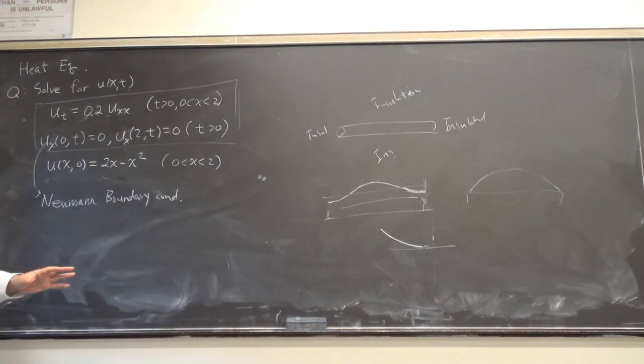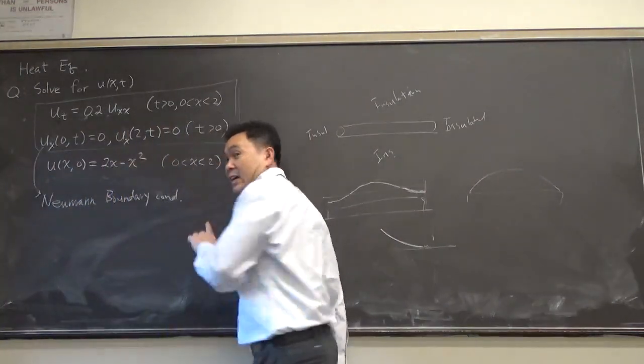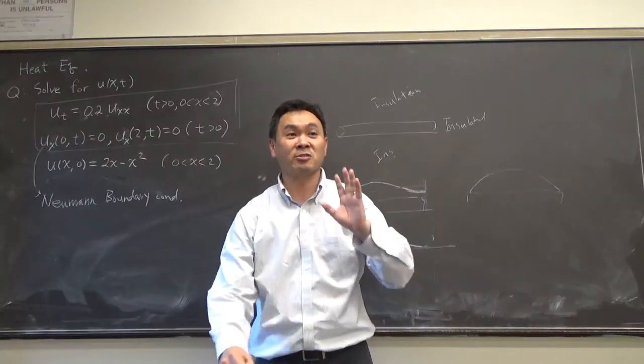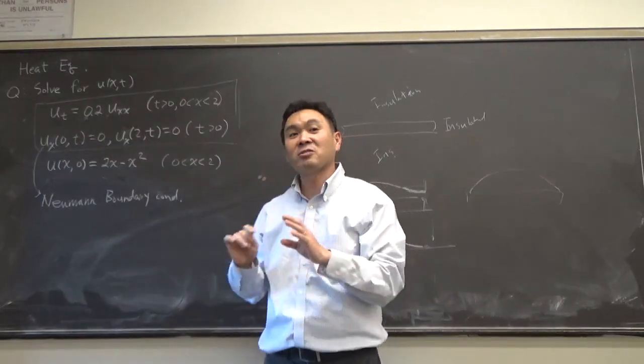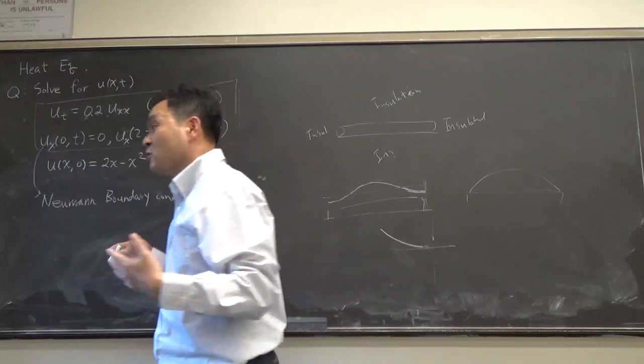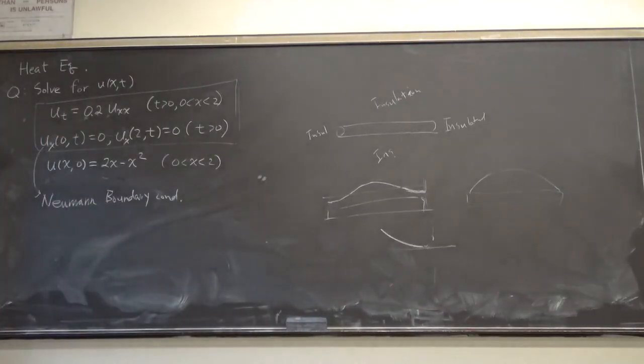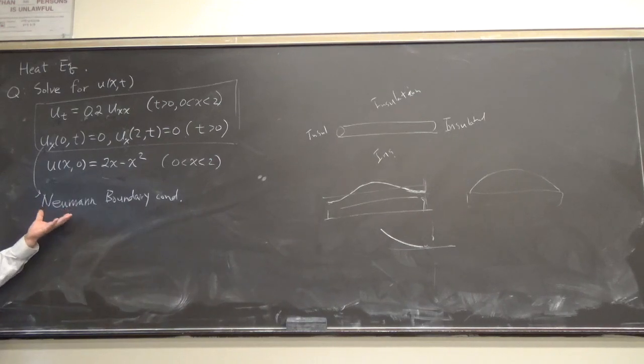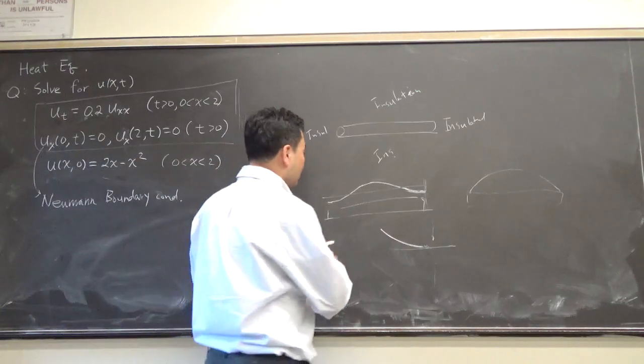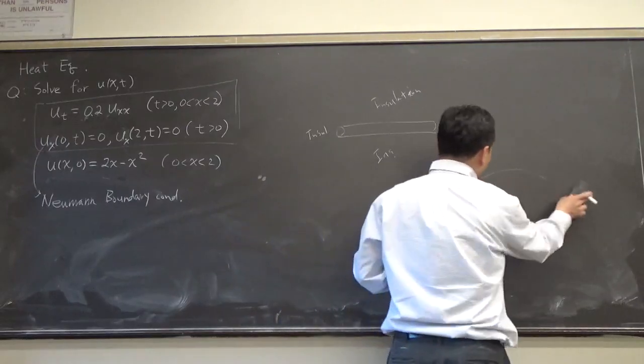And I forgot to name it, but the one without the x is called the Dirichlet boundary condition. That's the boundary condition that was first used. People were studying that first, but then later Neumann came up with this boundary condition for the case when it's insulated. Right? Okay, so let me now explain how to solve this one.